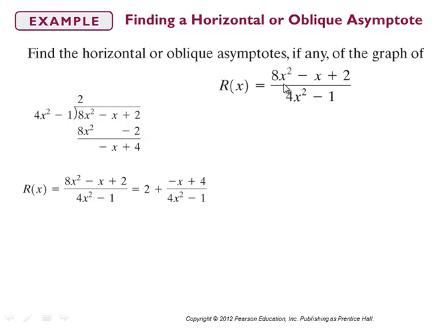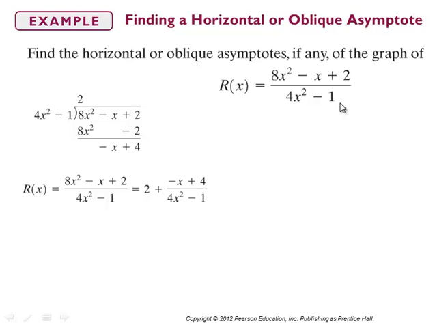We can just go back to this function here, and you notice that numerator and denominator are the same degree polynomials, so you just take the quotient of the coefficients. 8 divided by 4 is 2. That little mental division is going to tell you the constant value of your horizontal asymptote for this function here.